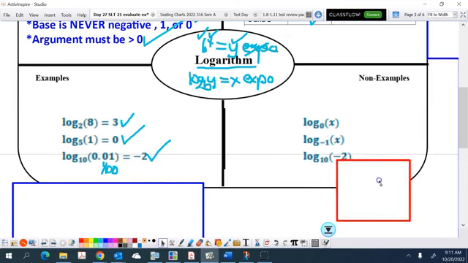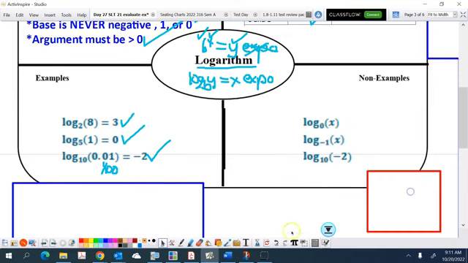Where don't logs work? You cannot have log base 0. You cannot have a negative log base, and you cannot have a negative argument. That's not going to result in any exponent you know.